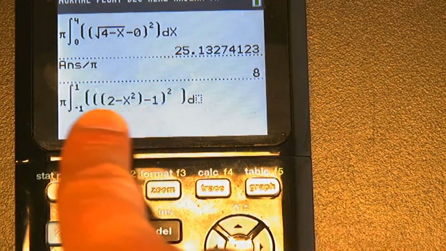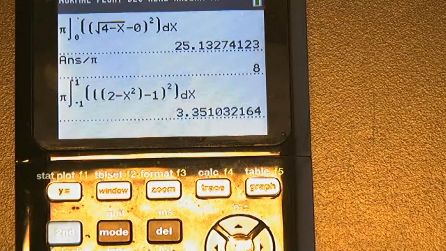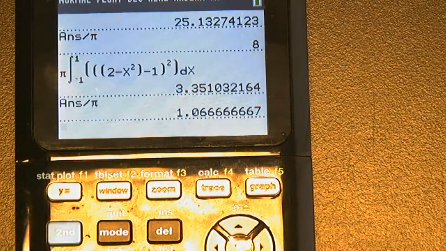And then that whole thing's going to be squared. Don't forget, you have to tell the calculator that you're integrating with respect to x. If you divide by the number pi, notice you get 1 and 1/15.